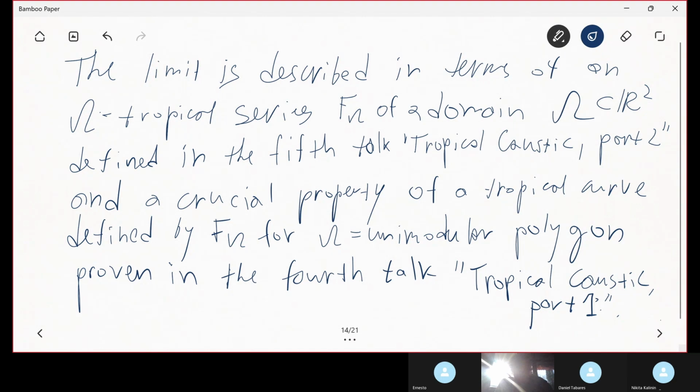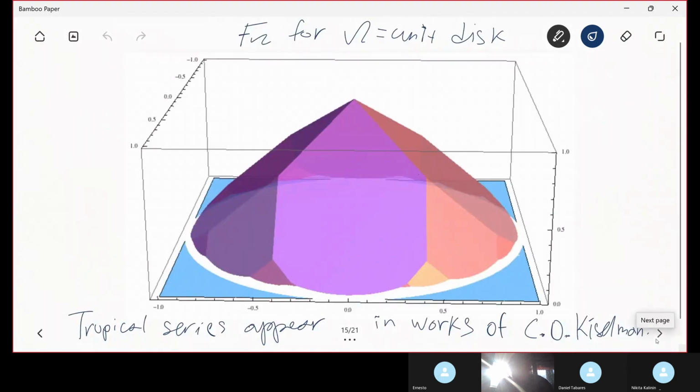Okay, and what is the property? The property is that this curve is smooth except for a single edge where it's not smooth. And all other points are smooth. And so that's the favorite example of this omega tropical series for a disk.